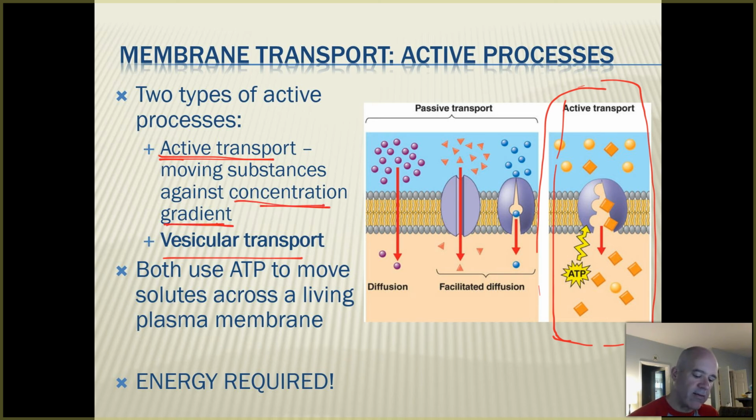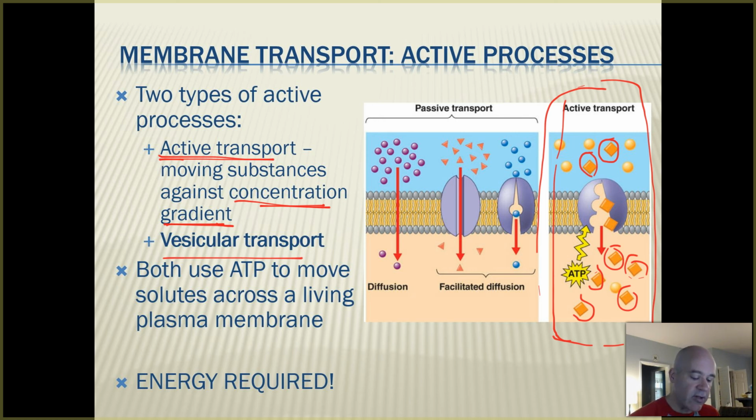If you notice here, these diamond-shaped solutes are more concentrated inside the cell than they are out here in the extracellular fluid. But this is obviously some solute that the cell wants even more of inside the cell. Could be something like glucose, sugar molecules. Cells need those all the time for energy. So even though that cell already has lots of glucose in there, it's still going to want to capture more from the extracellular fluid and pump those on in.